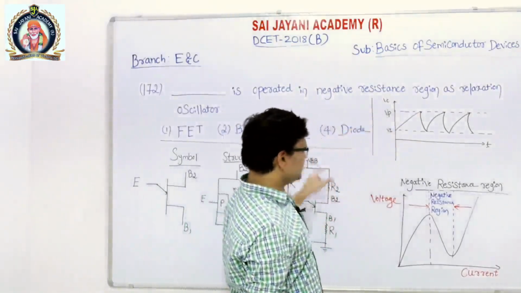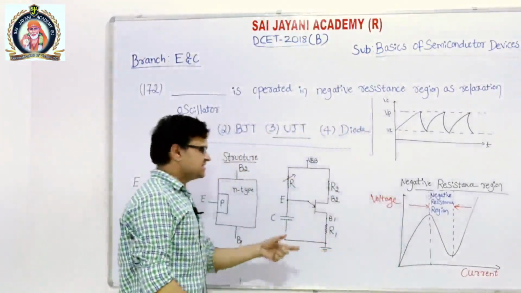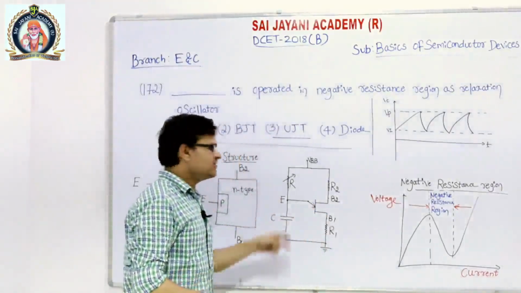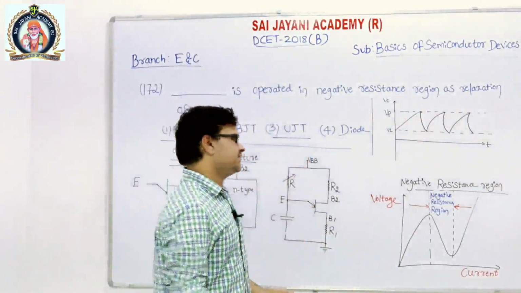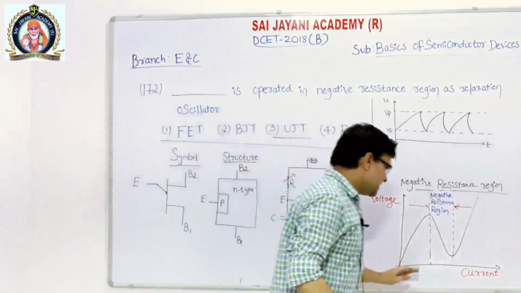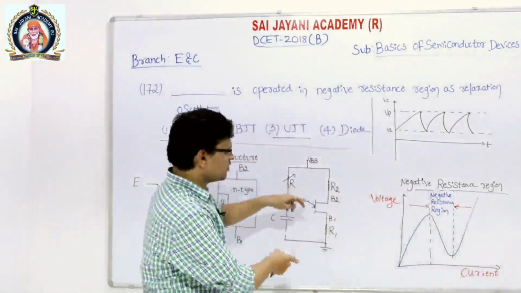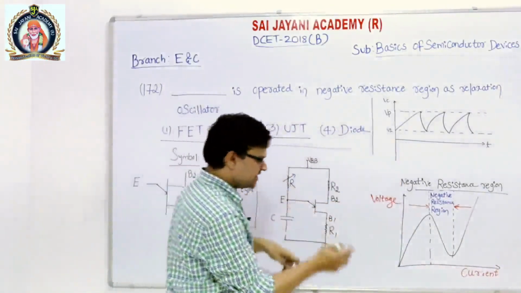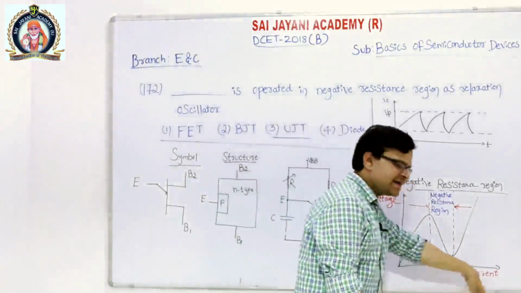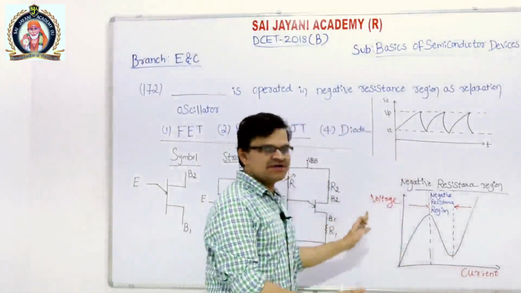In that case the current flows through the circuit, and as the current increases, there will be a voltage drop across this UJT circuit. Consider here this graph of voltage and current. Here we have taken current on the x-axis and voltage on the y-axis.